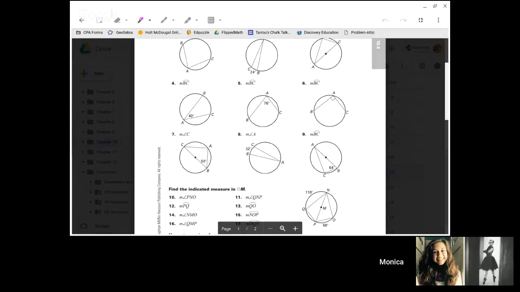Okay, so for number 9, what are we looking at that's drawn inside of that circle? What type of a triangle?